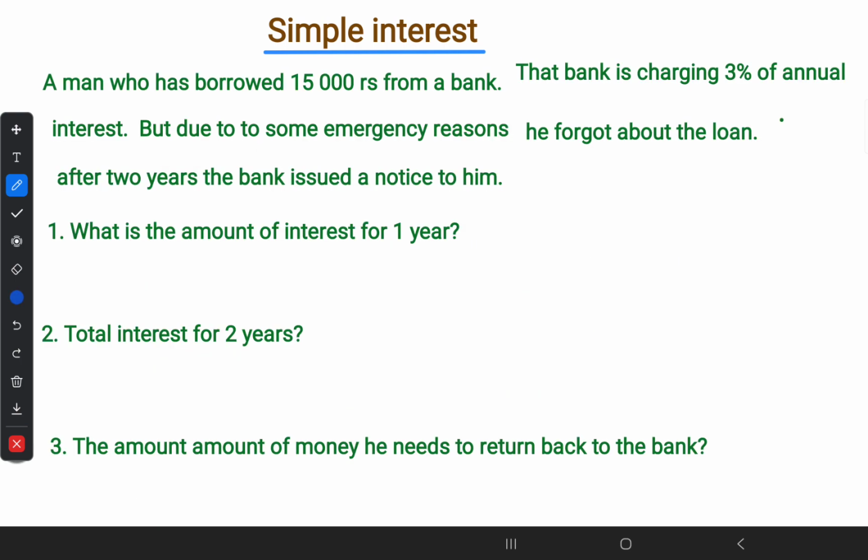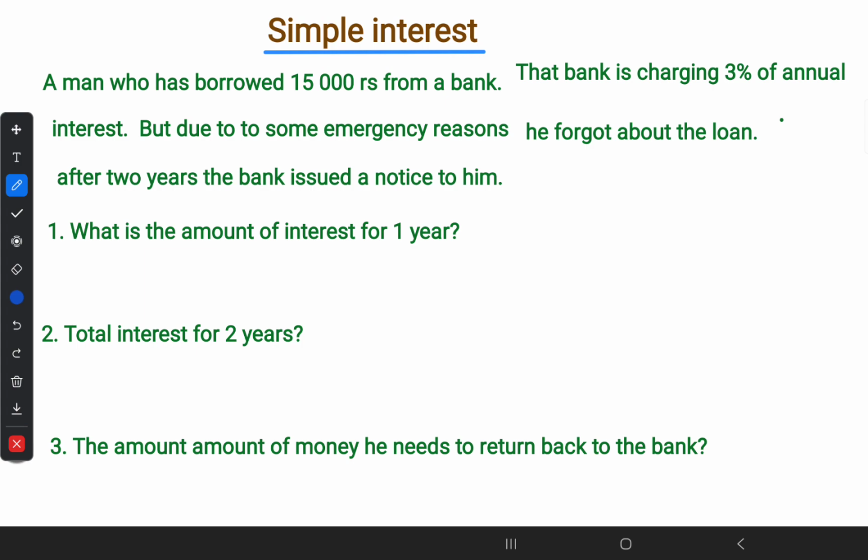Initially, think of yourself as a man who has borrowed 15,000 rupees from a bank. That bank is charging 3% annual interest. But due to some emergency reason, he forgot about the loan.